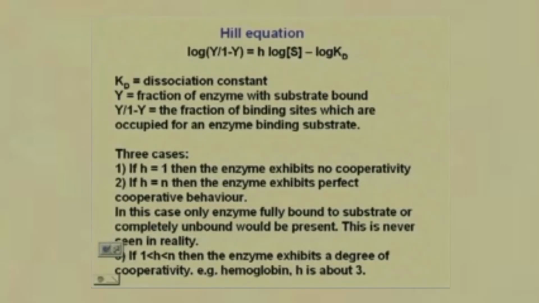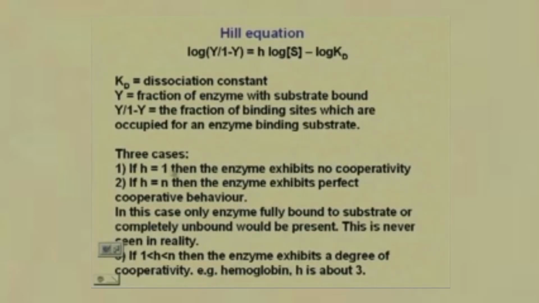We have three cases here. H can be 1, H can be N. What is N? N is the number of sites that you have. Okay? So what is N for myoglobin? 1. What is N for hemoglobin? 4. Okay.